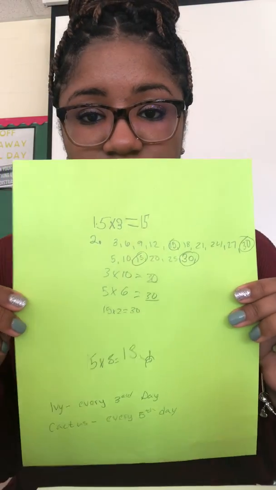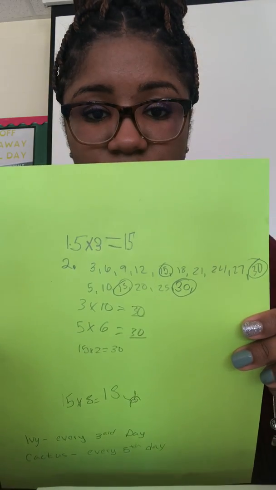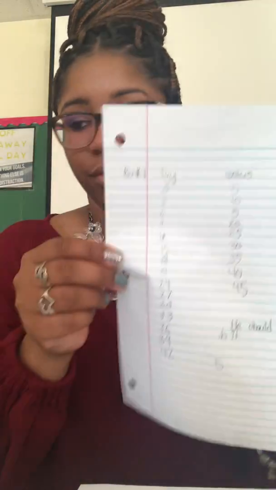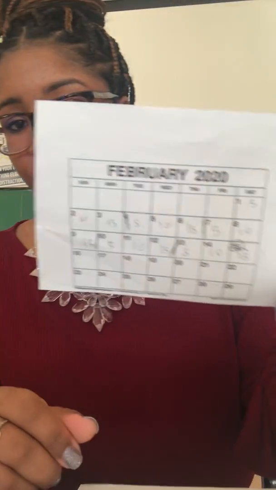Okay, so then again you can see them writing out their multiples. Looking at the calendar. Multiples again.